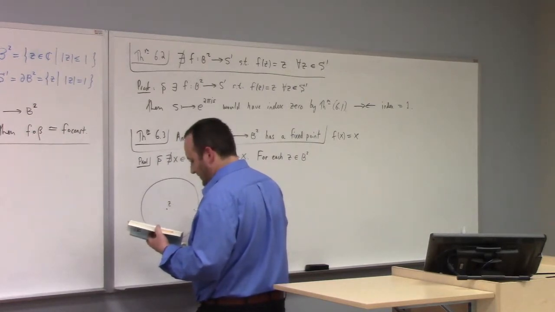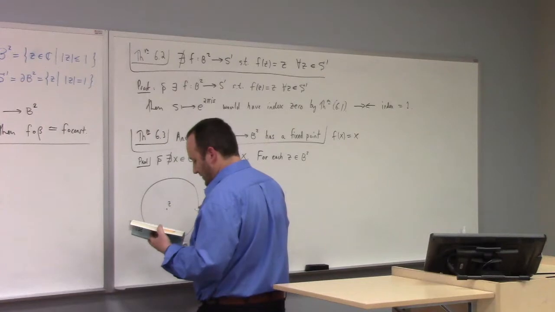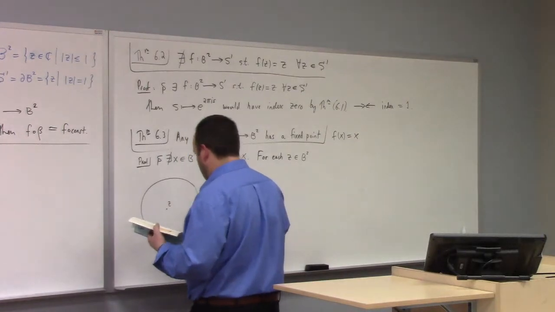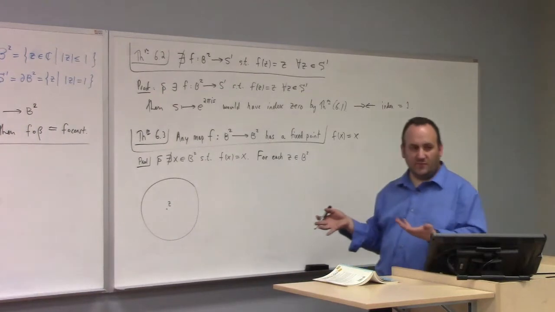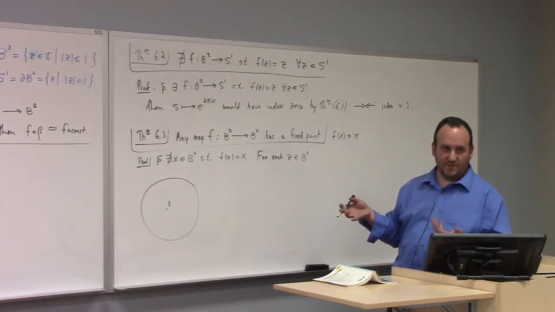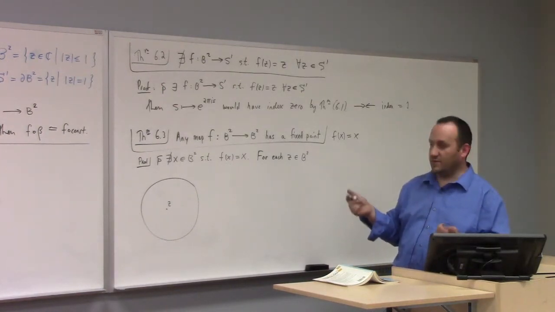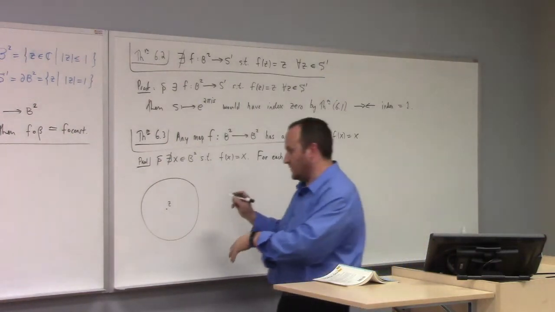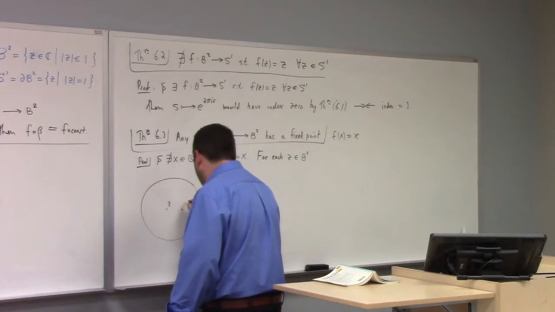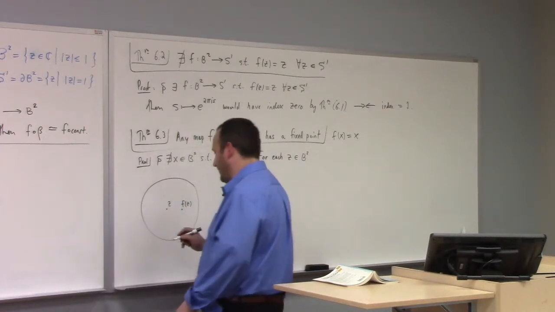He says let g of z be the point of S1 at which the ray issuing from f of z, okay, so f of z is a different point. Because why? Because we're assuming no fixed point, right? So f of z determines a different point.